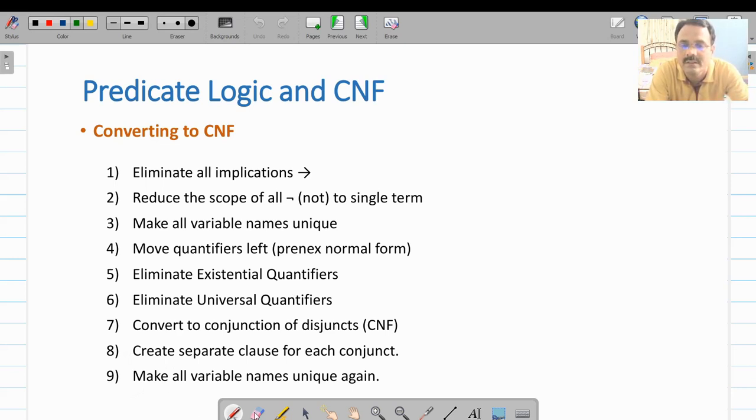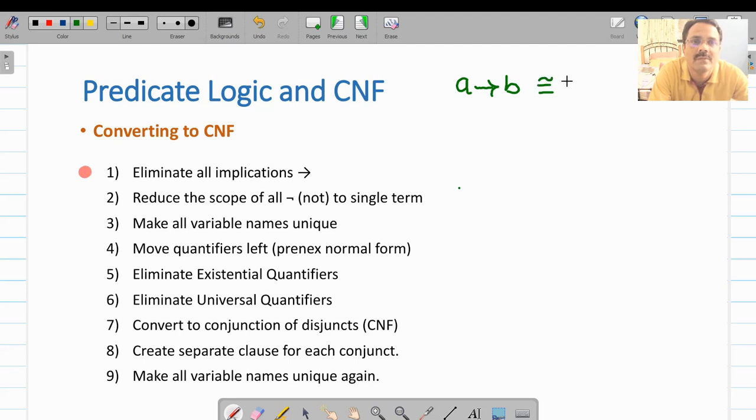The first step in this conversion process is to eliminate all implications. Let us recall what implication is. Suppose I have the statement A implies B. You will have to remove this implication, which you can easily do by using an equivalence property.